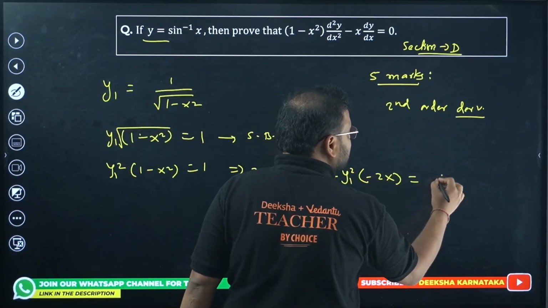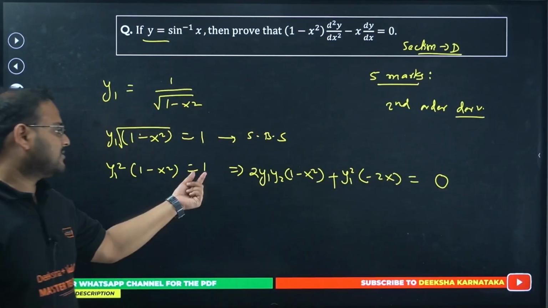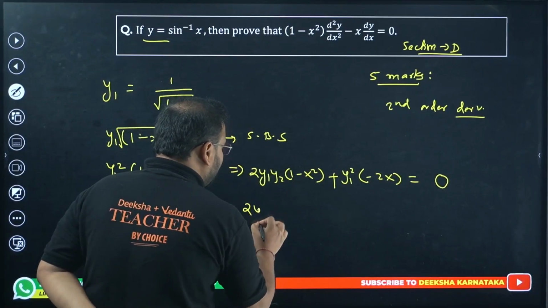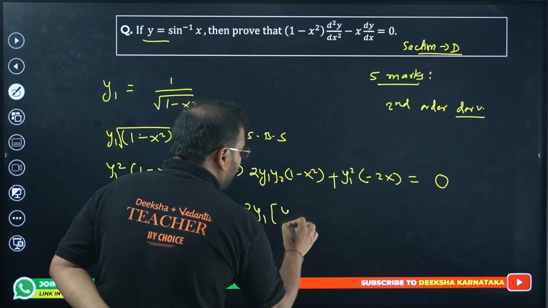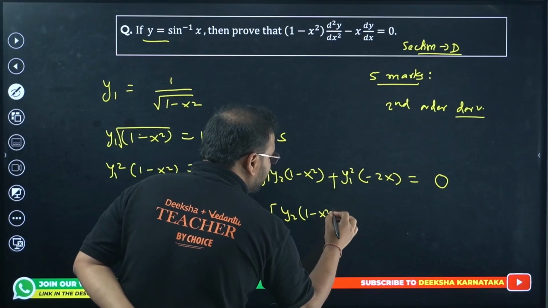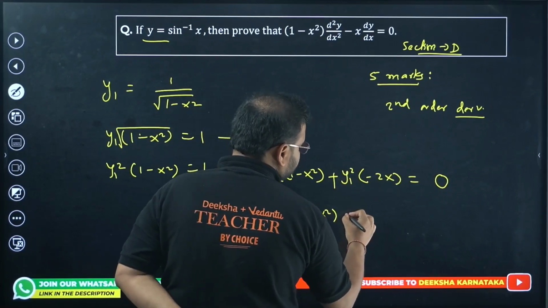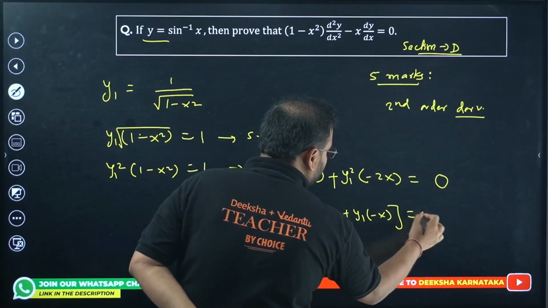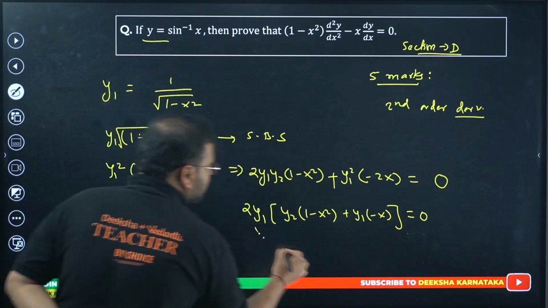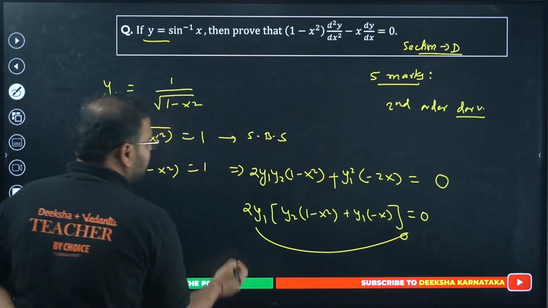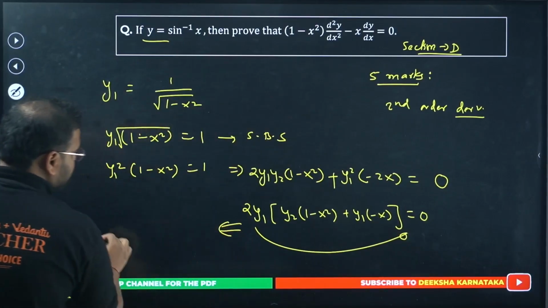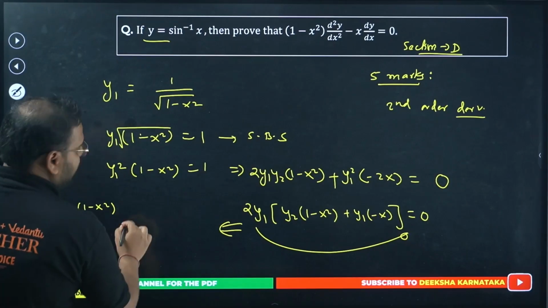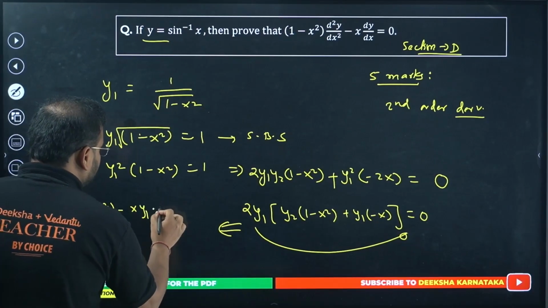The right hand side is a constant, so 0. You have 2y1 common. You get y2 times (1 minus x square) and over here only y1 into minus x left, equal to 0. So the answer can be written as y2 times (1 minus x square) minus x y1 equals 0.